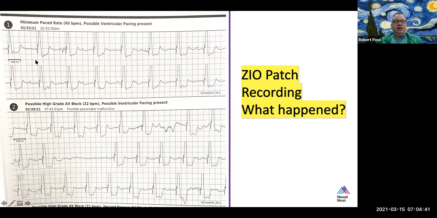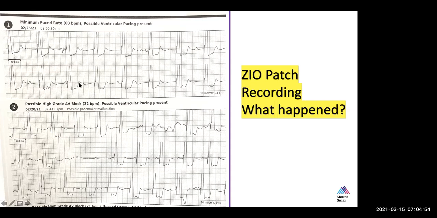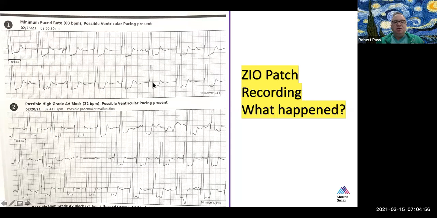So if we look in panel 1, I think you would agree that there is no relationship that can be discerned between the atrial depolarizations and the ventricular. Do you agree with that? Yes. P wave, look at this PR, this PR, this PR. There's a P wave probably somewhere buried in this T wave. Some P waves over here.